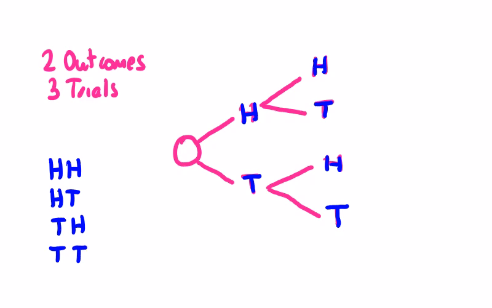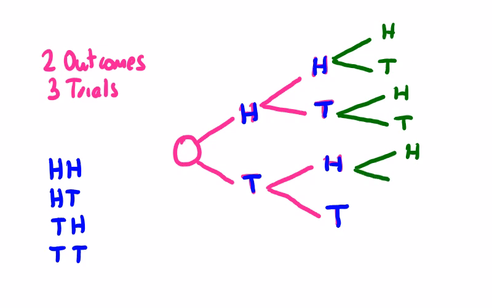Then the next column will give us from this outcome either a head or a tail. From this one we'd also have a head or a tail. From this one we'd also have a head or a tail. And from this one we'd also have a head or a tail. So they're tricky enough. You're normally given the boxes, so be really neat and tidy with these.